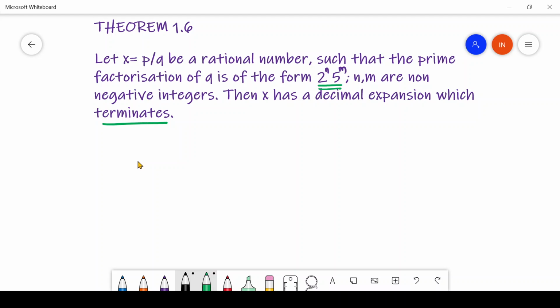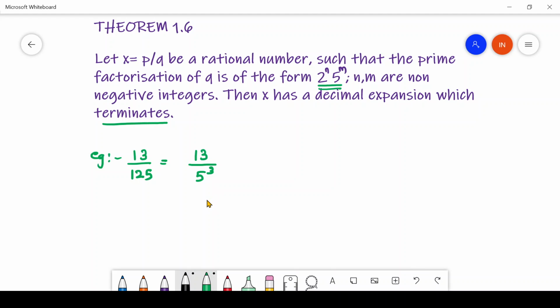Let's see an example for this. I'm going to take one number, let it be 13 by 125, and I'm going to do the prime factorization of the denominator. First I'm converting the denominator into 5 raised to 3.